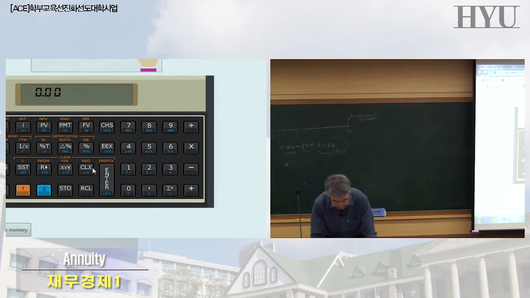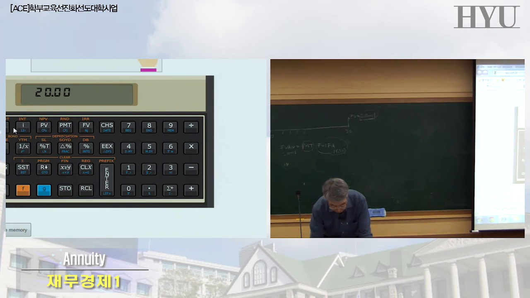Let's say you're trying to solve this problem. Suppose you need $200 million 20 years later. So $200 million future value, and 0 for present value, and number of years 20.